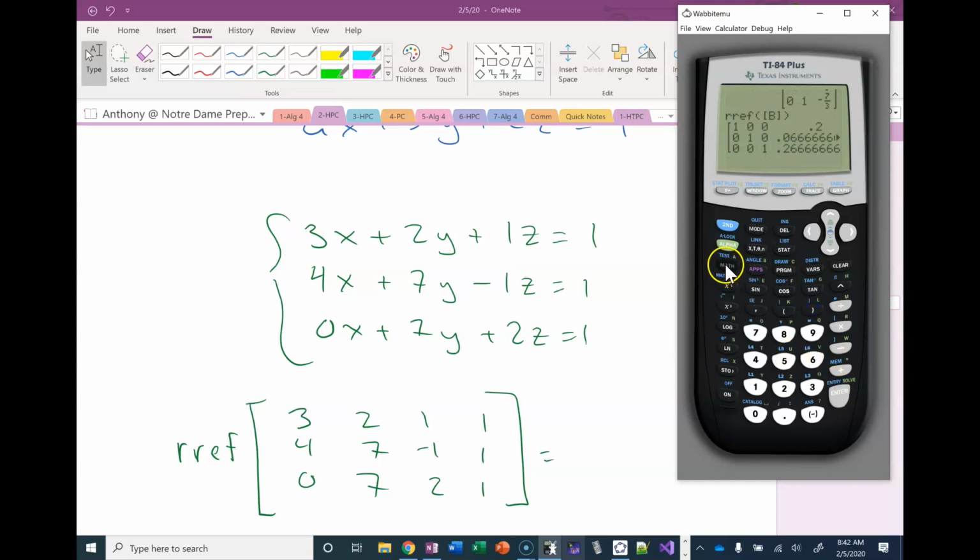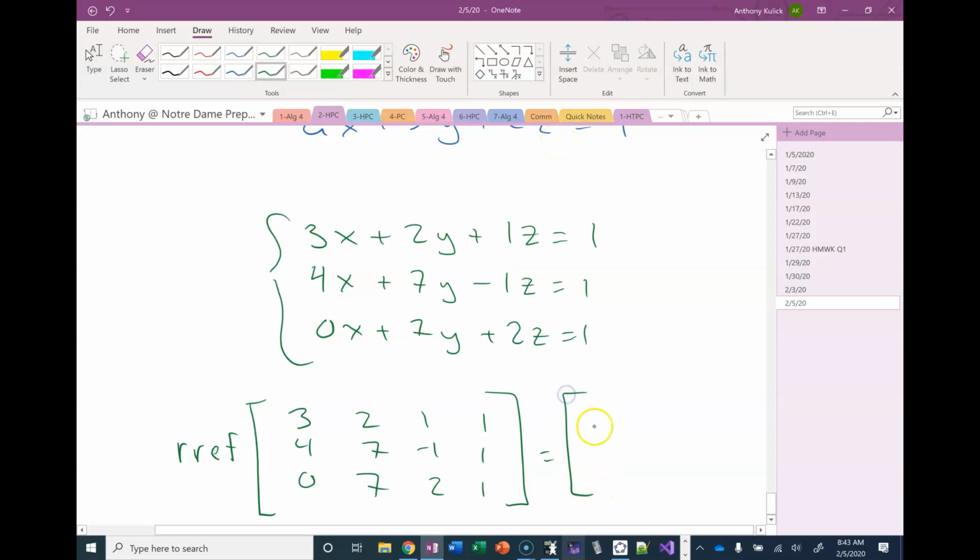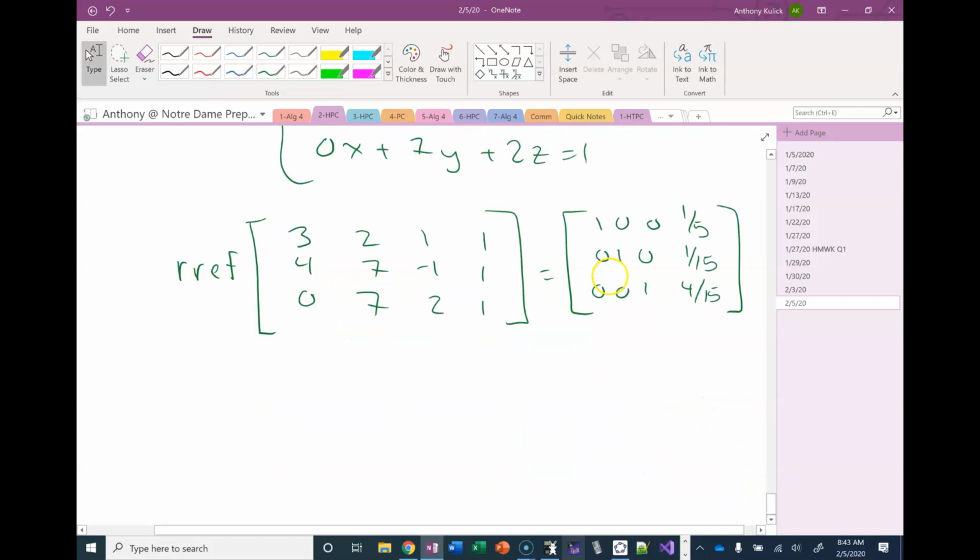And again, I got decimals, which I don't love, so I'm just going to do the fraction command on that. So 1/5, 1/15, and 4/15. So this tells me little a is 1/5, little b is 1/15, and little c is 4/15.